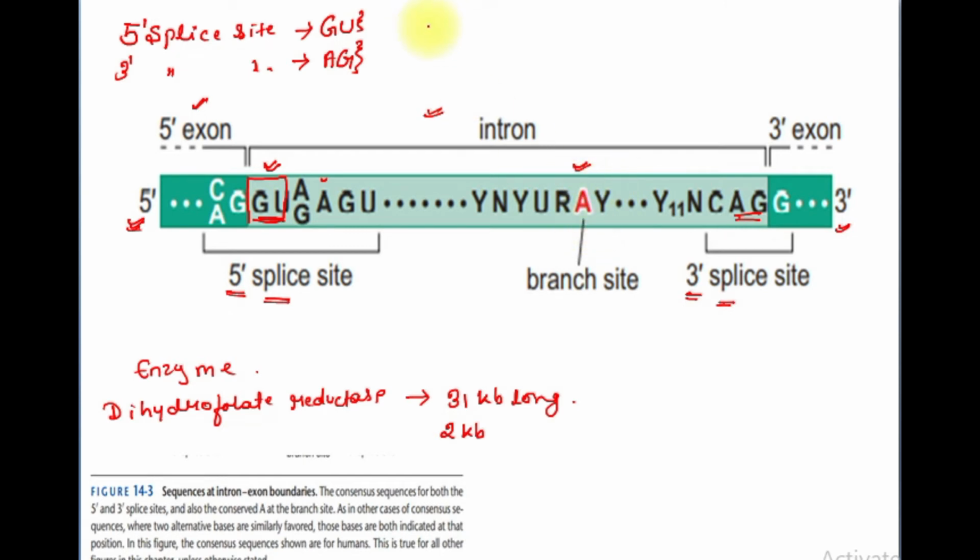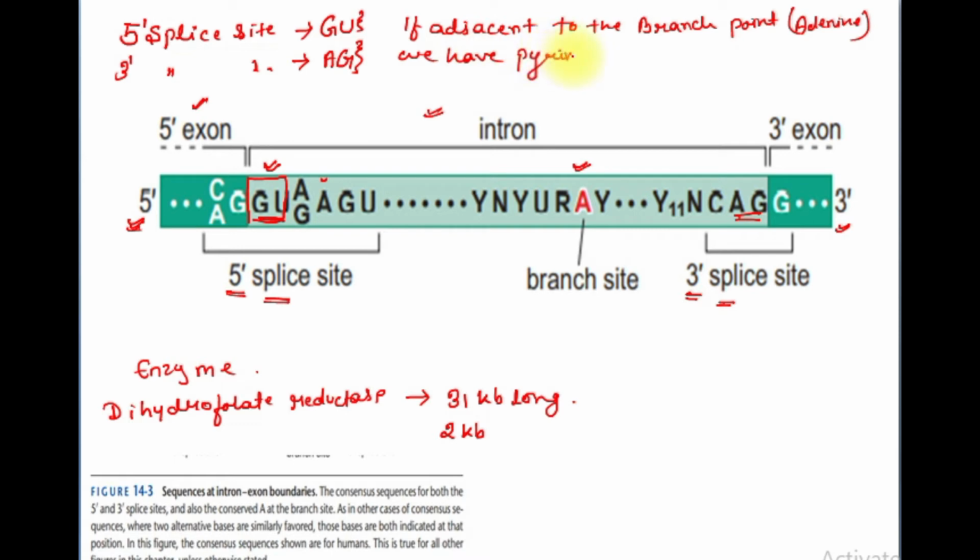If adjacent to the branch point, or adenine, we have a pyrimidine, then we call it the branch point.